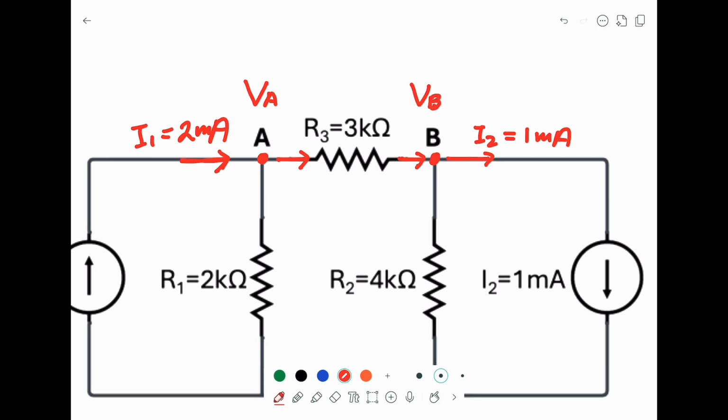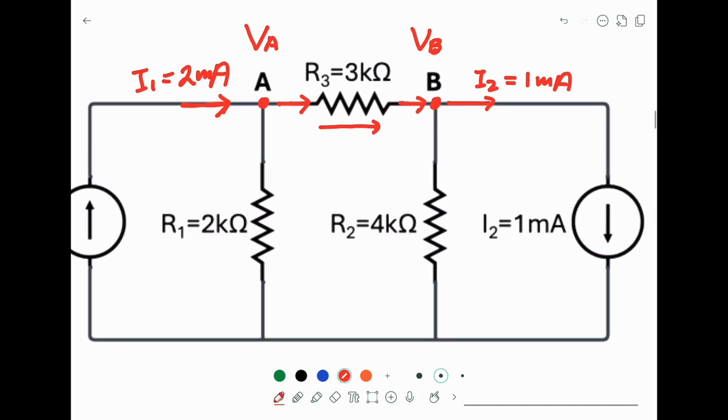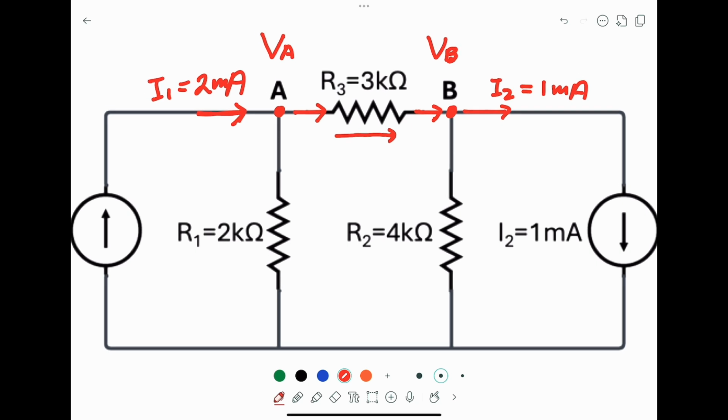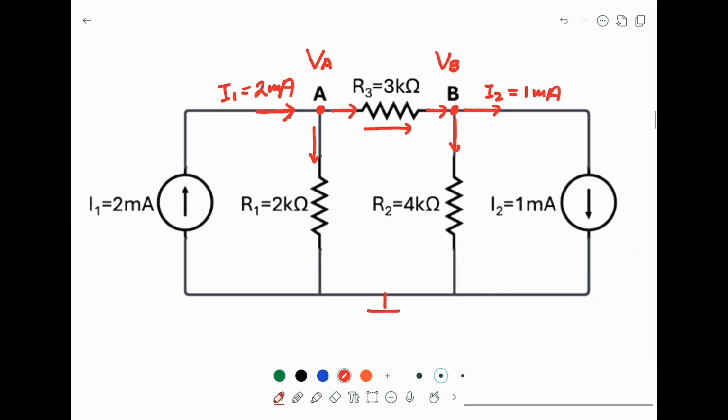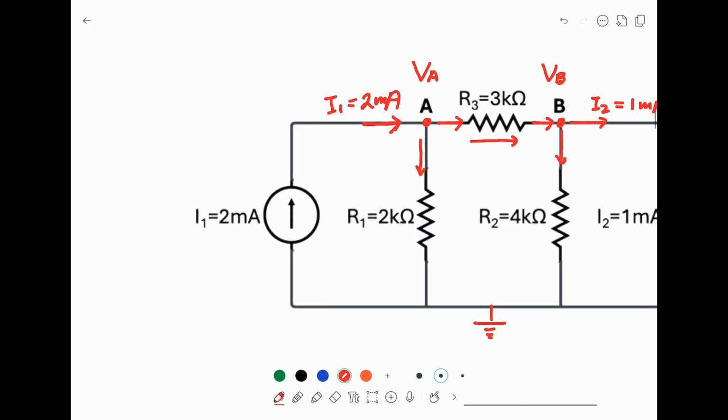Therefore, the current will flow through here, passing through R3 from A to B. The current passing down R1 is another current, and this is another current passing down R2. We assume this is ground, which means 0 volt. Now we apply KCL at A and apply KCL at B separately.